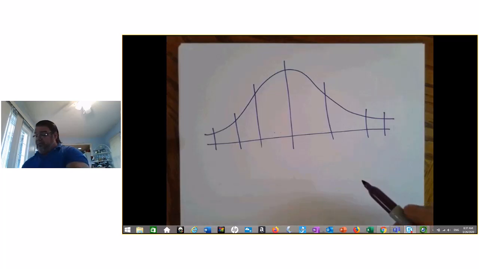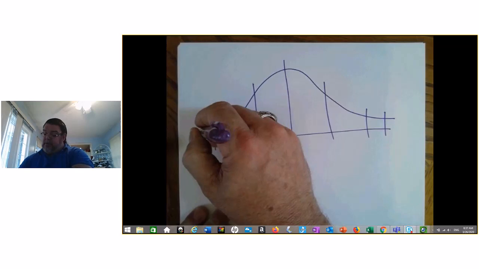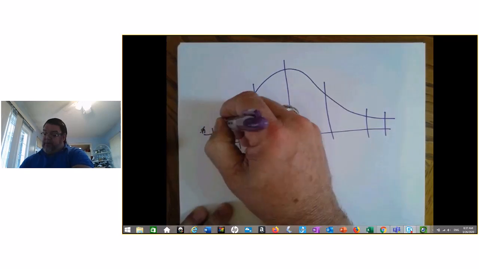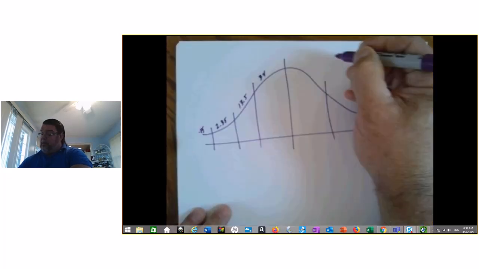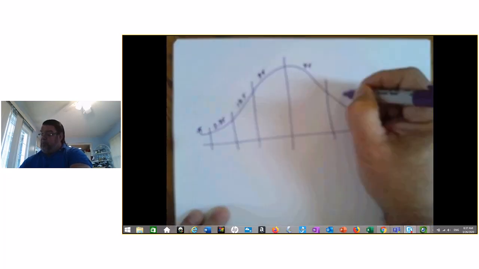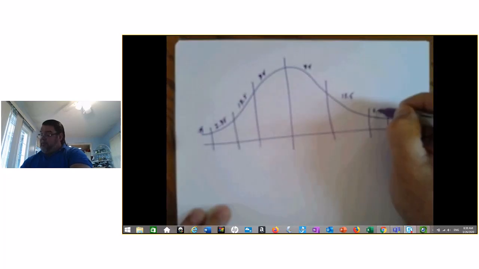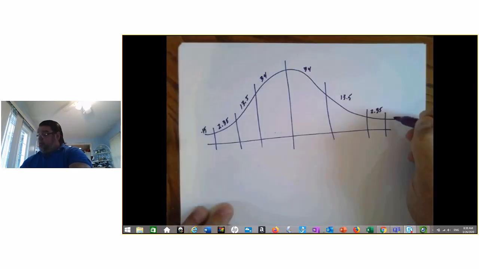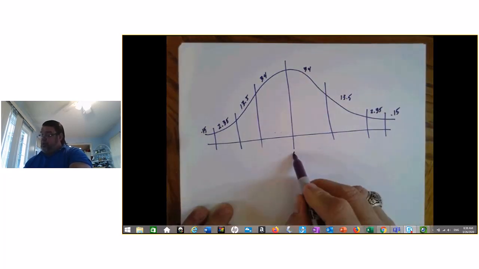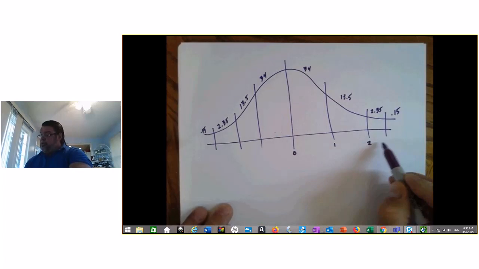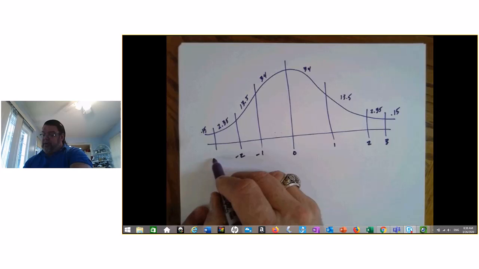All right, and make sure it has 0.15, 2.35, 13.5, 34, 34, 13.5, 2.35, and 0.15. Make sure it has the z-scores 0, 1, 2, 3, -1, -2, -3.